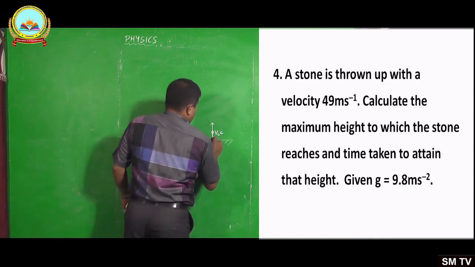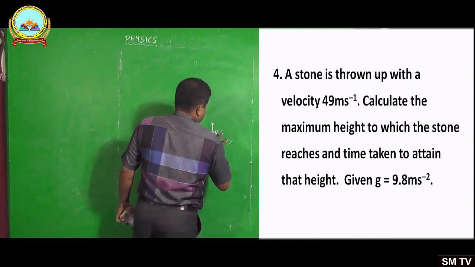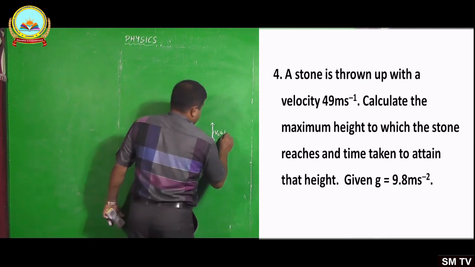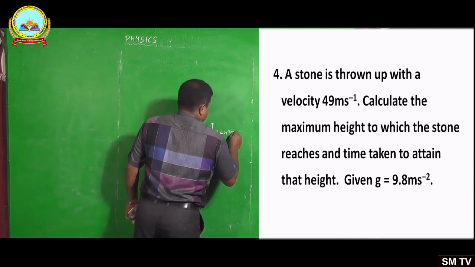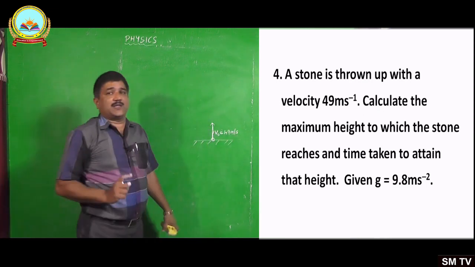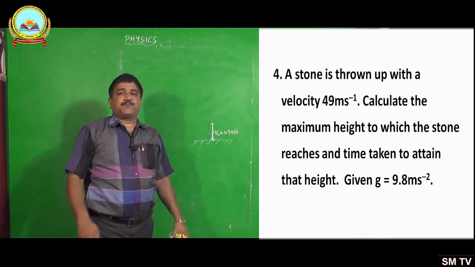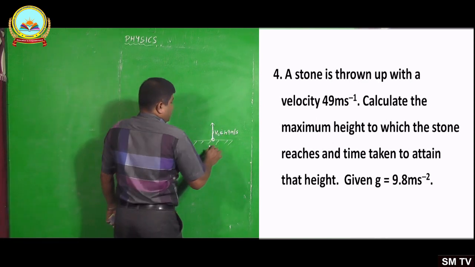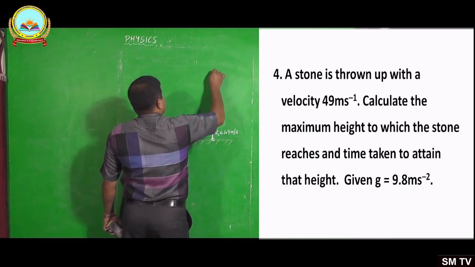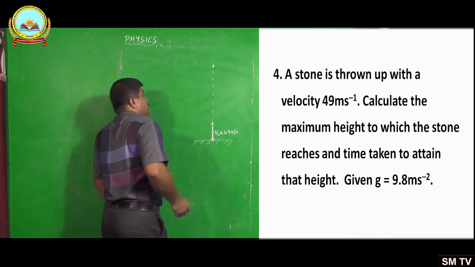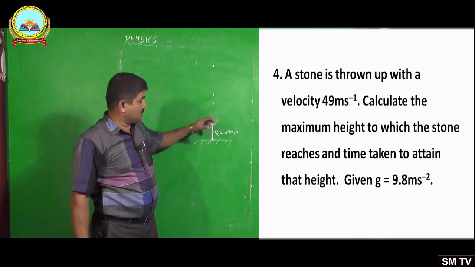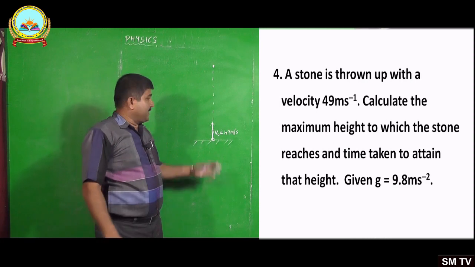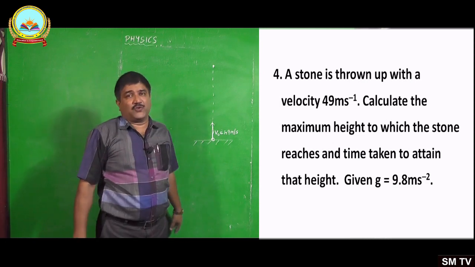At this point, how much is the velocity given? 49 meter per second, and it is to be taken as plus 49 because the projection is upward. Throwing upward means we take the initial velocity as positive. Now at the highest point the stone stops, because as the stone is thrown upward it is under the influence of gravitational force.